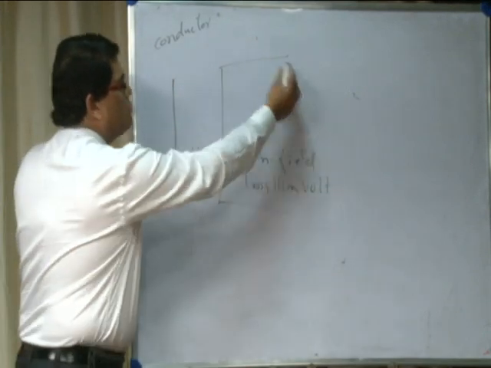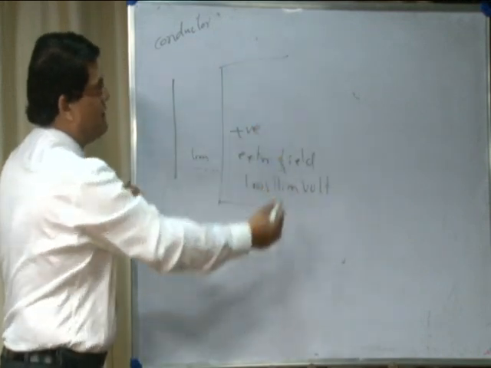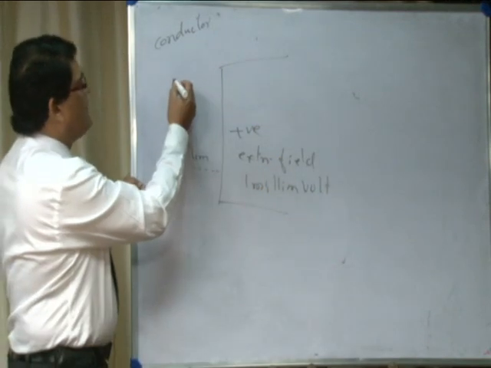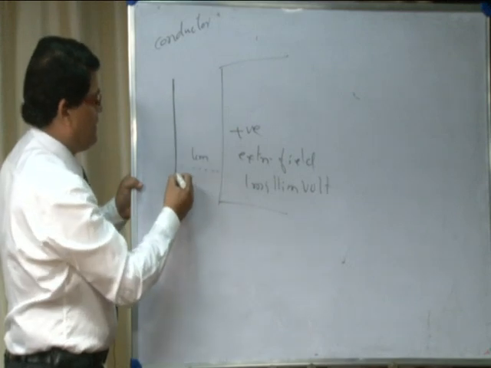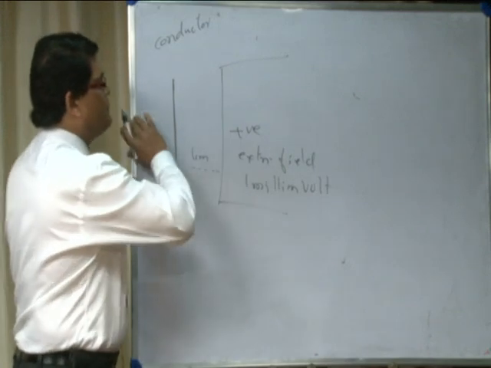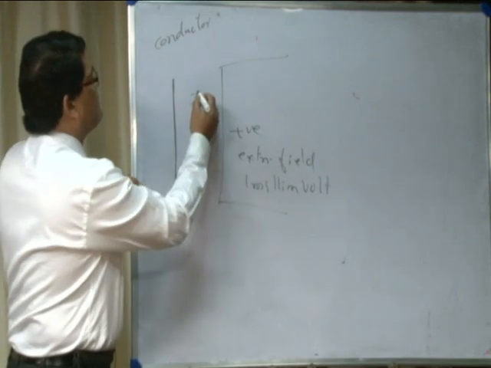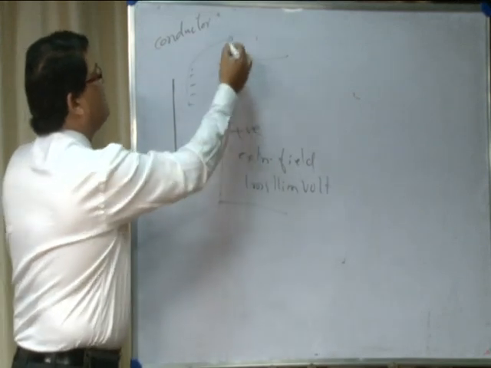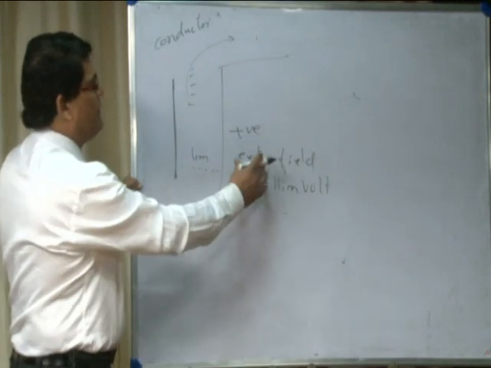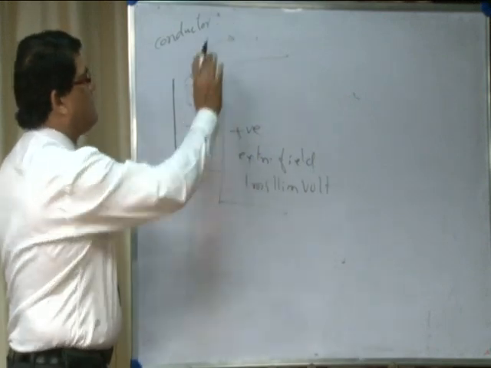As such a huge electric field is applied, whatever electrons are present on the surface are all pulled. As a result, you can collect all the free electrons on this side. So, an external field is applied to remove the electrons from the metal surface.